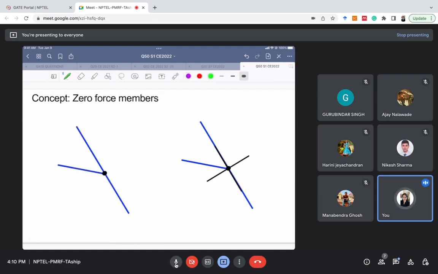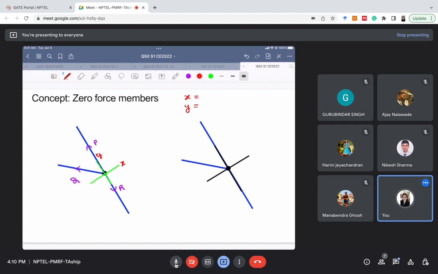So we can rotate the coordinate system according to our convenience. For example, we'll set up a coordinate system like this in this case. Let's say this is the y axis and this is the x axis. The second step is to mark the forces in all three members. What is the next step? Number of forces in the x direction and number of forces in the y direction.